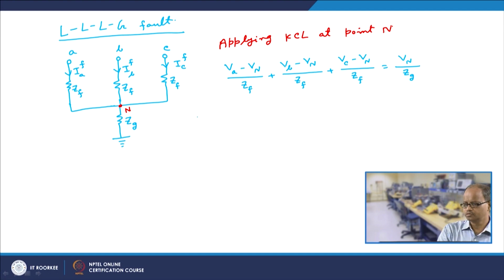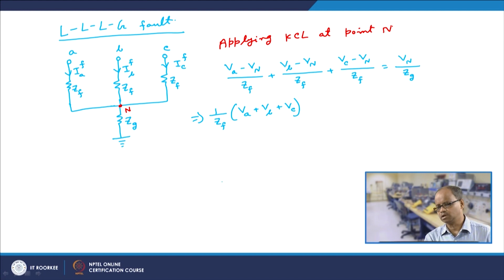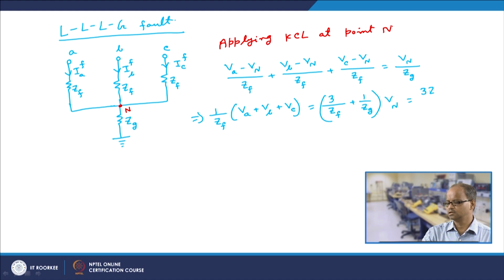Therefore, 1 by ZF into (VA plus VB plus VC) is equal to (3 by ZF plus 1 by Zg) into Vn. So it is (3Zg plus ZF) by (Zg ZF) into Vn.